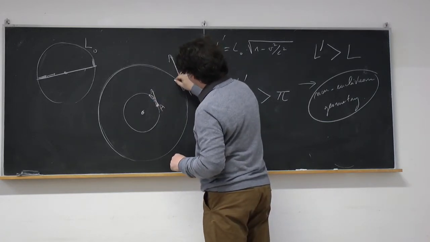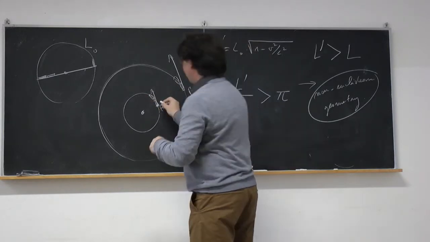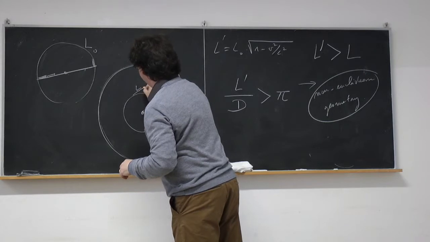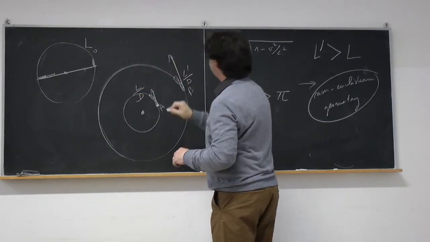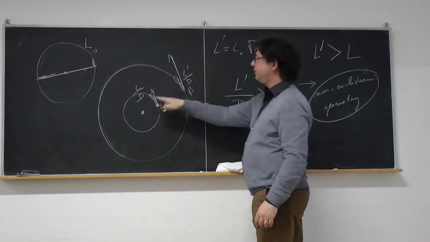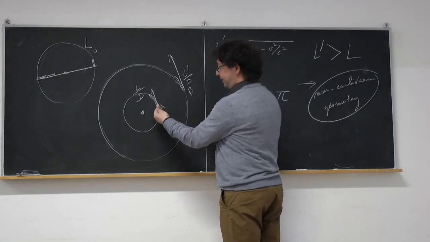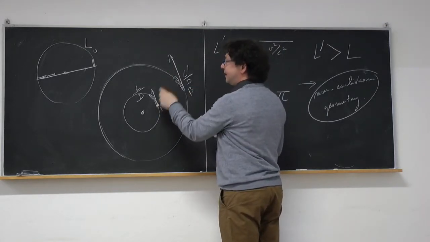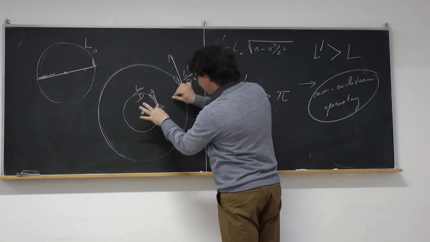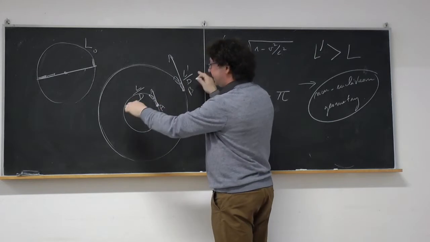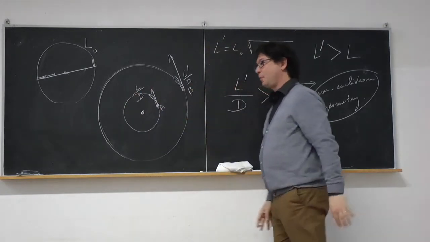That means that if observer A does the job and observer B does the job, when they compare their results, he has a certain value of L over D, he will have an L primed over D. So these two results cannot be the same, because there is a relative speed, c'è una velocità relativa, dunque anche se sono entrambi sul disco, quando confrontano i loro risultati, vedono un risultato diverso, non può essere lo stesso.